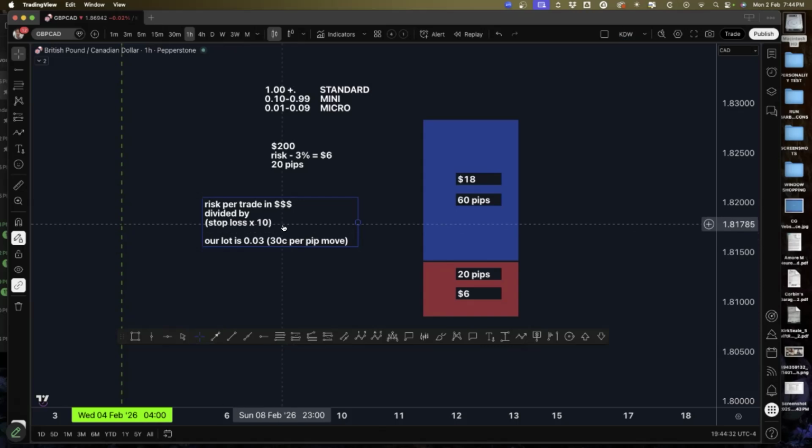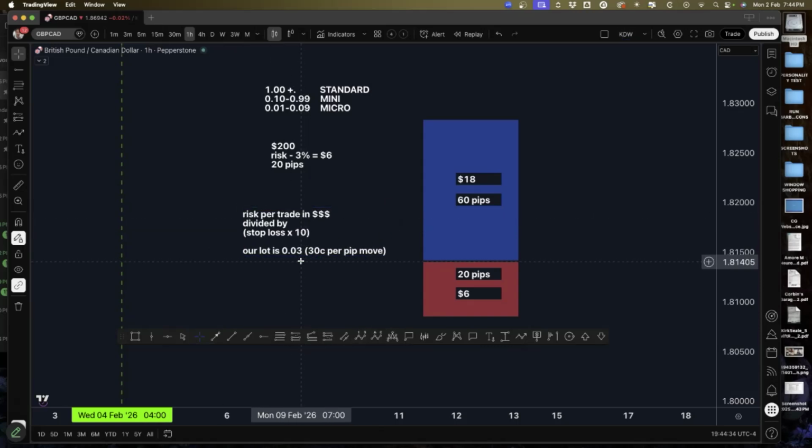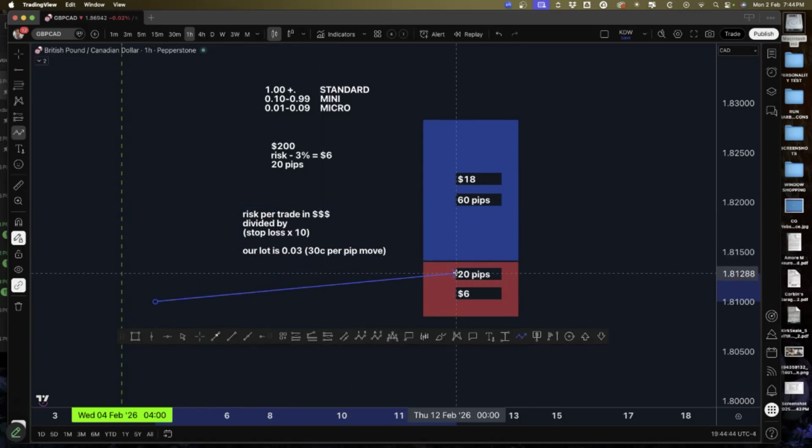All right, so we're just checking the math back real quick. If we have 30 cents moving every time a pip goes, and this is going to move for 20 pips, 30 cents over 20 pips, it's going to give you $6.